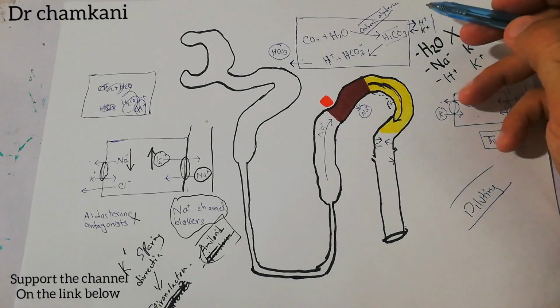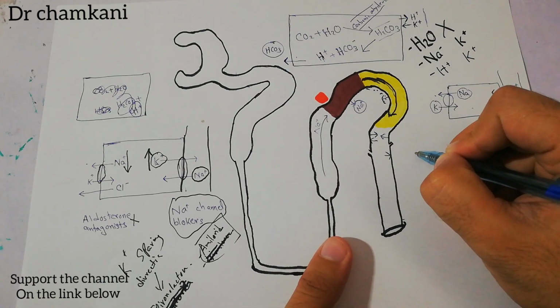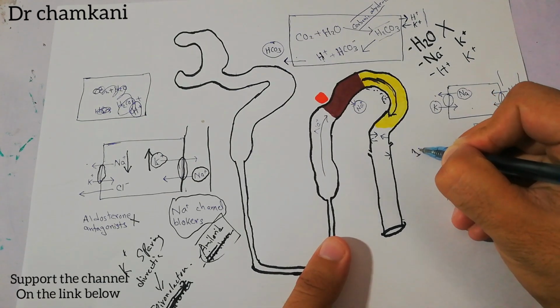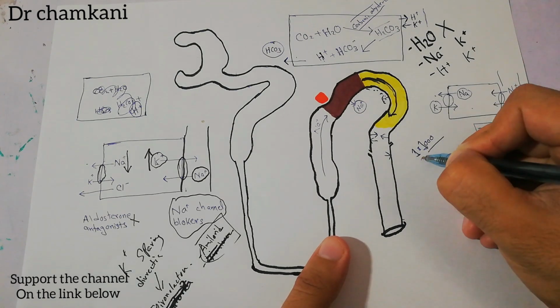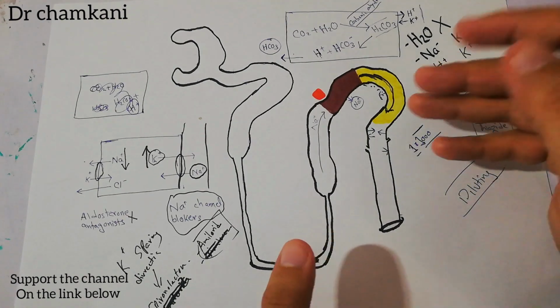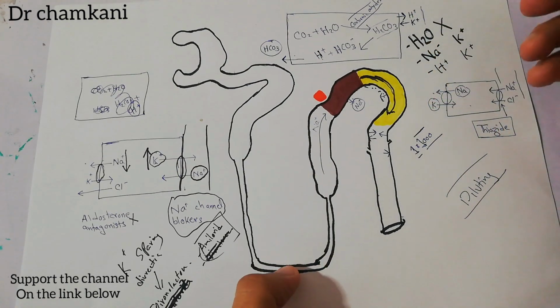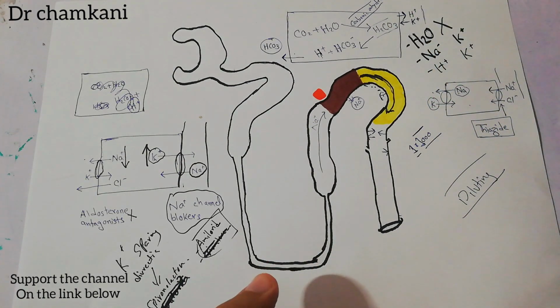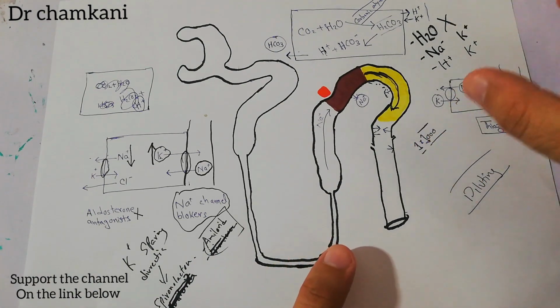Now hydrogen here is secreted against a very high concentration. The concentration of hydrogen inside the cells is 1, while concentration of hydrogen in the tubule is almost 1000. So it is a ratio of around 1 to 1000. So hydrogen is secreted against a very high gradient. So this is a very active secretion of hydrogen.